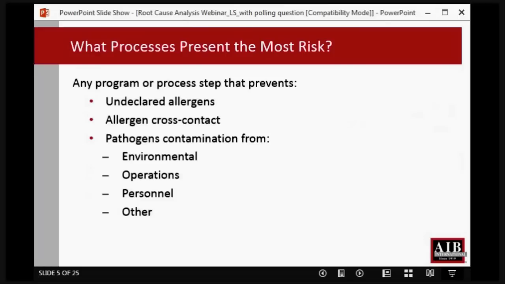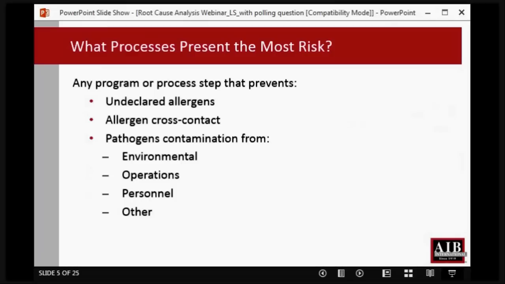So what processes present the most risk for your organization? As I've discussed, undeclared allergens. In other words, we put the wrong product in the wrong bag. We've had cross-contamination in our plant with regards to allergens that are not declared on the label. It could be from traffic patterns. It could be from not segregating, color coding, ingredient containers. All of that stuff can occur.